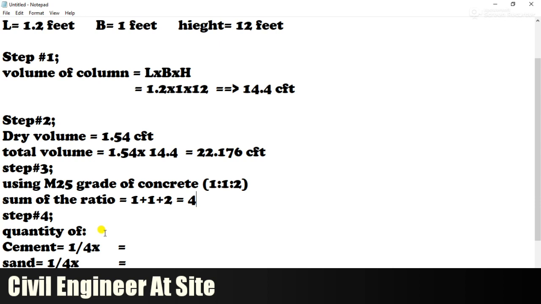Now furthermore, I will find the quantity of cement. Here in M25 grade of concrete, the amount of cement is 1, and the sum of the ratio is 4, so we will divide 1 by 4 and multiply it with the total overall volume, which is 22.176.